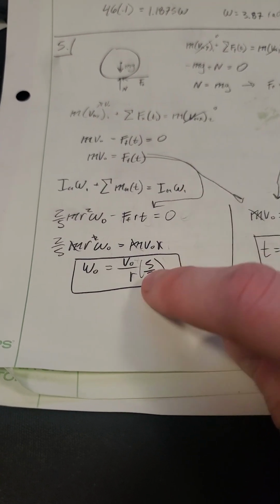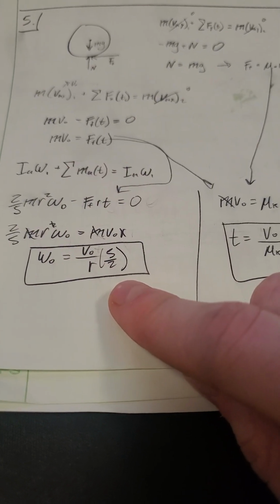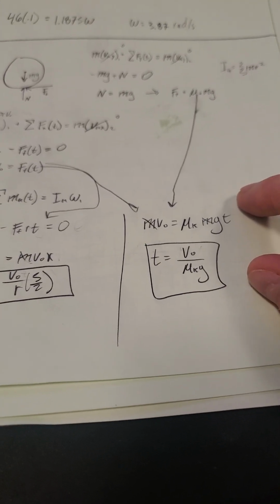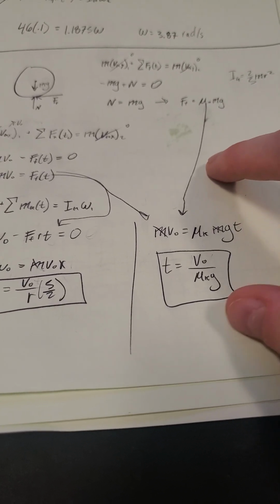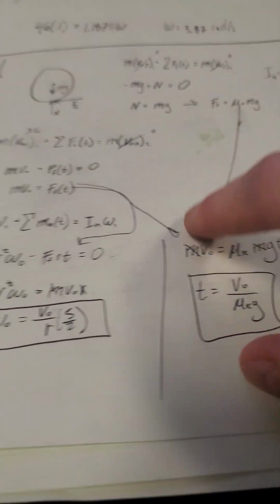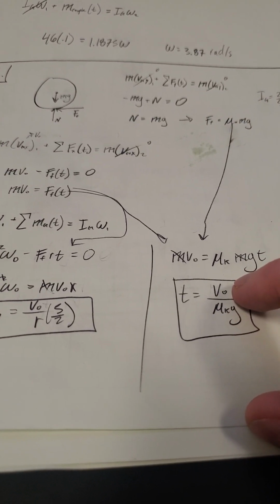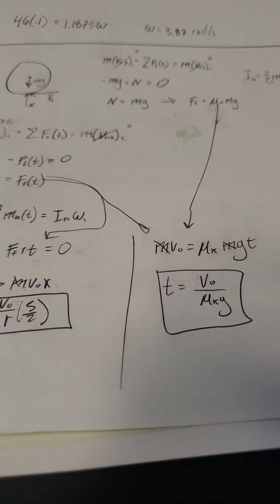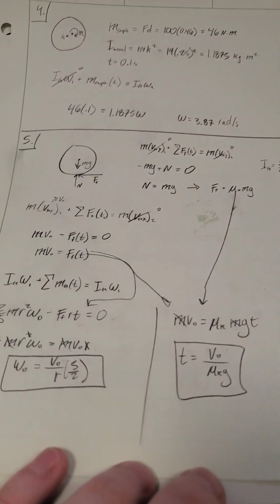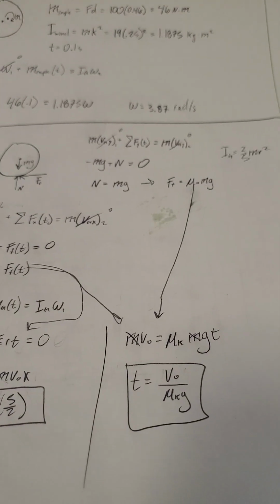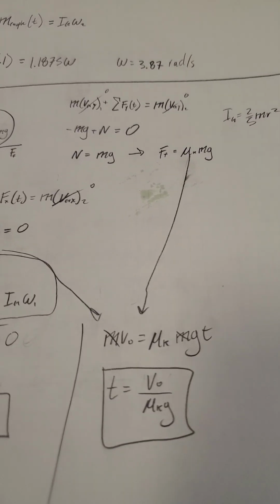Get some canceling here, we're able to solve for the initial angular velocity that way. And then finally, we can plug this force equation into this one to solve for the time relative to the initial velocity, gravity, and the coefficient of static friction or kinetic friction. So pretty much just solving for a couple different equations, different iterations of the same, just using different variables.